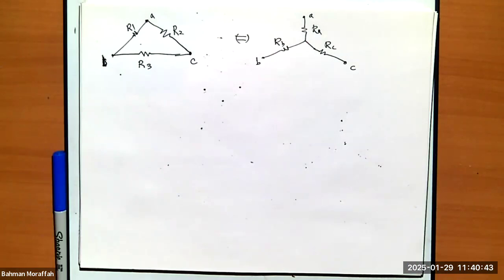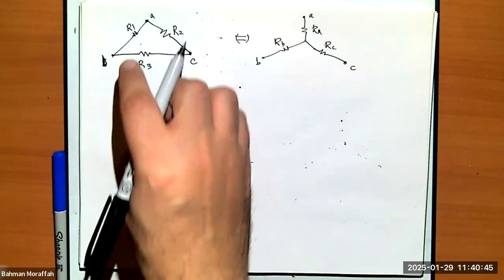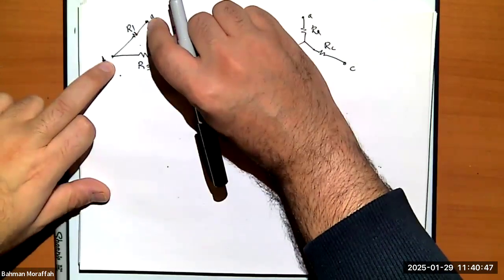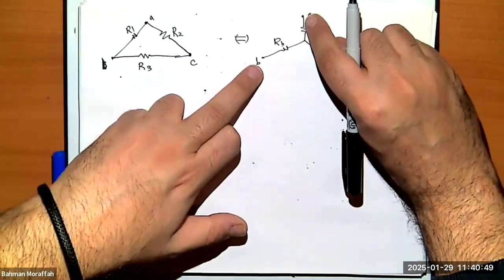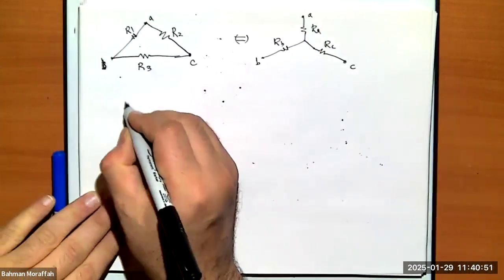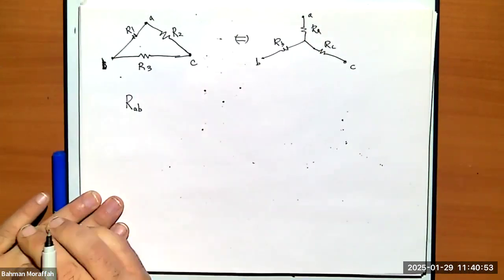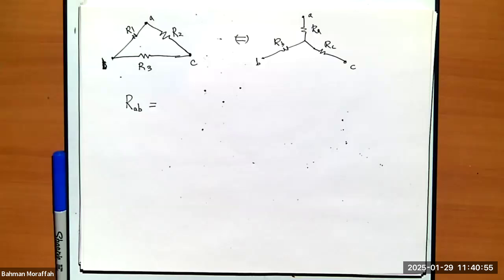If they're equivalent, then looking between nodes A and B over here should be the exact same as nodes A and B over here. Let's just call that R_AB. What is R_AB in the delta circuit? That's basically R1 in parallel with R2 and R3 in series.